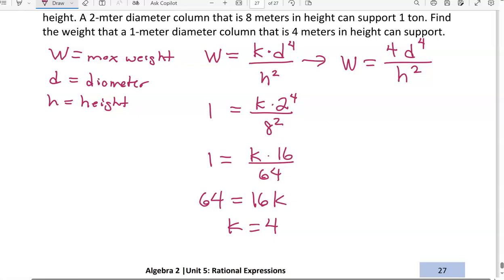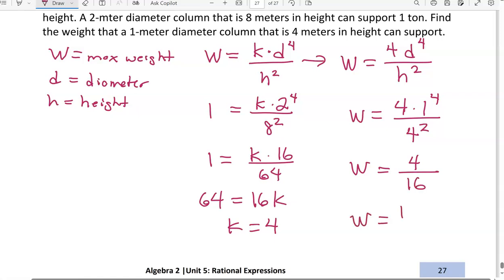And so we are finding the weight, so that means we don't know that a 1 meter diameter column, so we're going to replace the D with 1, that is 4 meters in height can support, so replace the H with 4. So we have 4 times 1 to the fourth, which is 4 times 1, or 4, divided by 4 squared, which is 16.